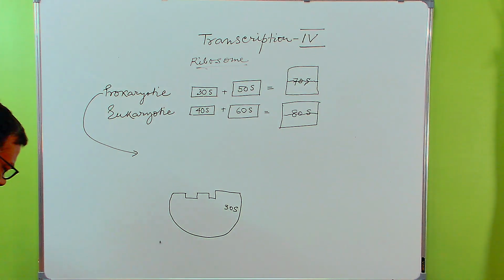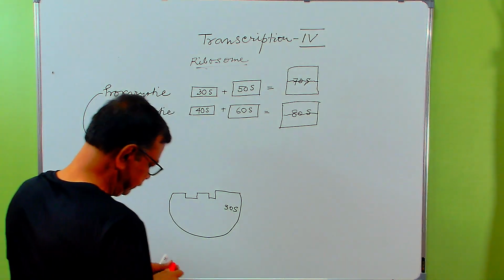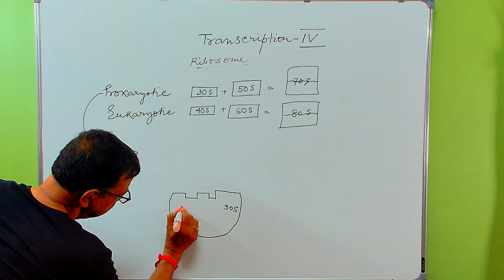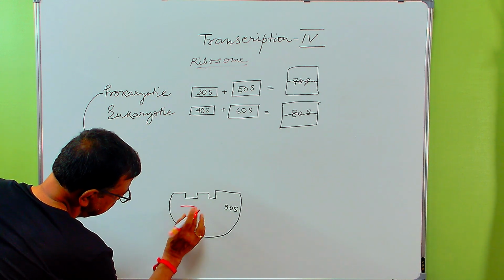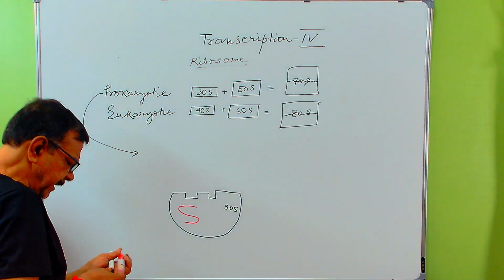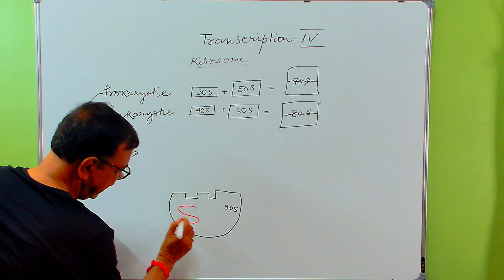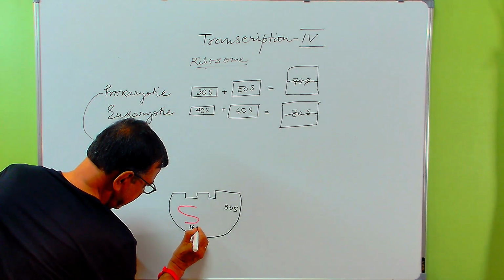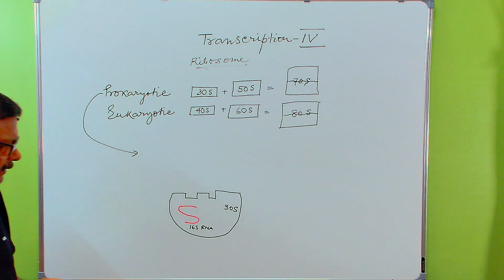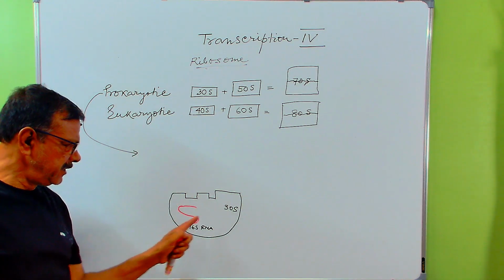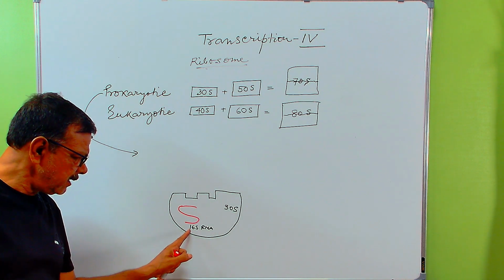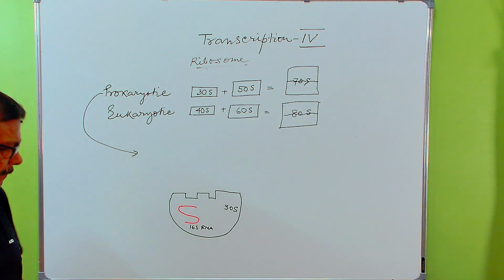This 30S ribosome contains one RNA. This RNA is called 16S RNA. Clear? In prokaryotes, the 30S smaller unit of ribosome contains one 16S RNA.